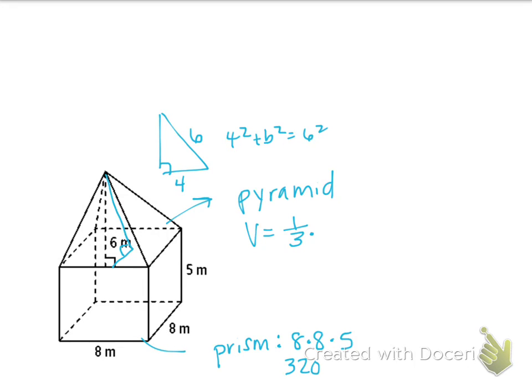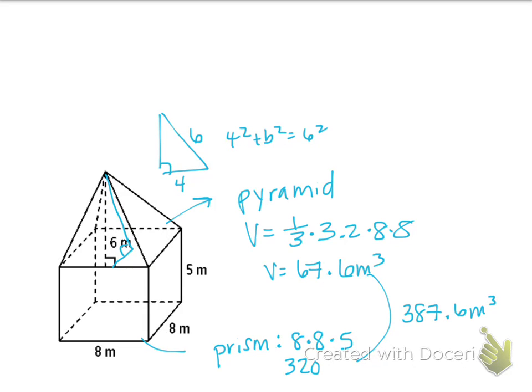So V equals 1/3 times that 3.2 times the area of the base. It's got the exact same base, so 8 times 8. And then we multiply and get 67.6 meters cubed. Okay, but since I want the total, we now have to add them. So my total is 387.6 meters cubed.